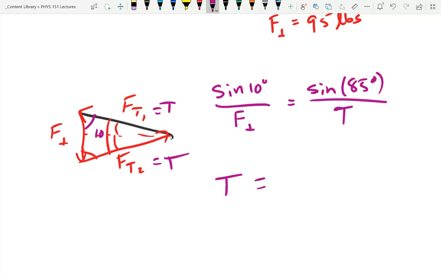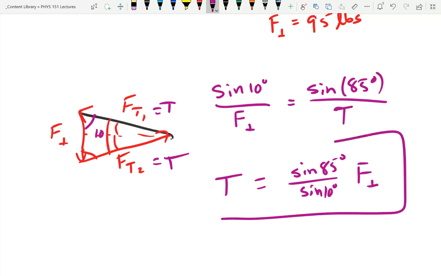And so the tension is equal to sine 85 degrees over sine of 10 degrees times the force perpendicular. That's the quick way to do it because I only had 3 to contend with.